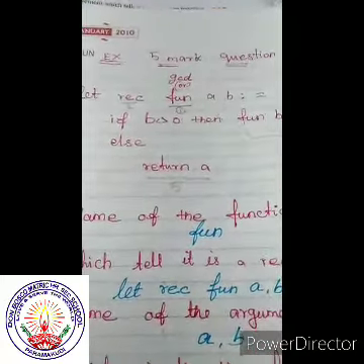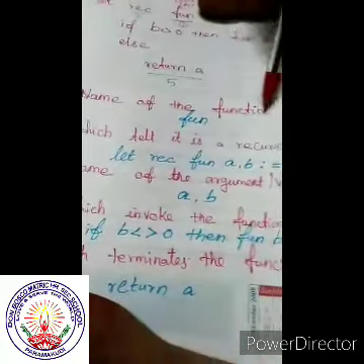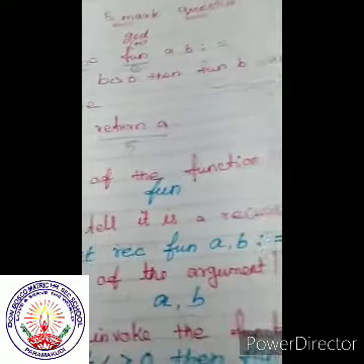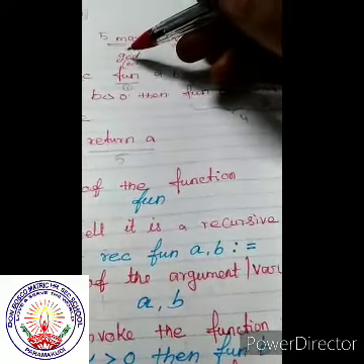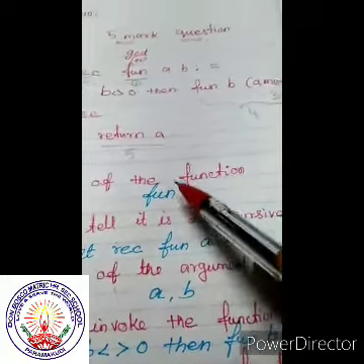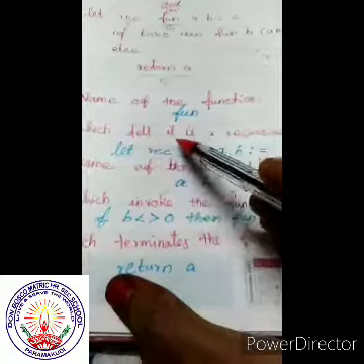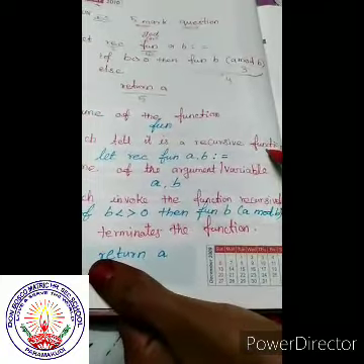The answers for the following options. Option 1, name of the function: the name of the function is fun. In your book it is GCD, I have changed it to fun. Which tells it is a recursive function?